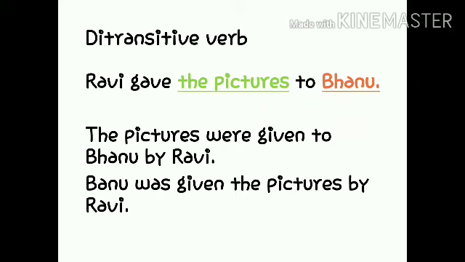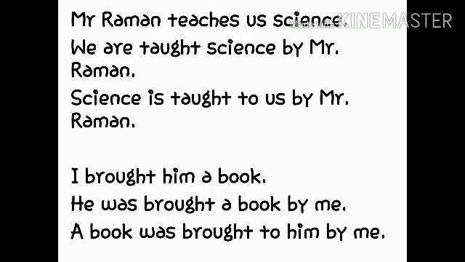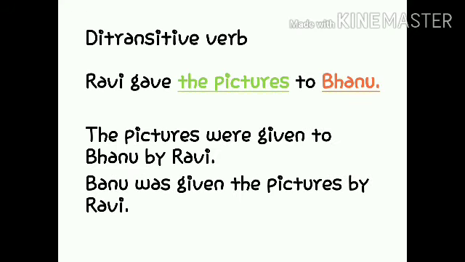So this sentence has two objects, so the verb gave is called a ditransitive verb. There are two objects. Ravi gave the pictures to Banu.